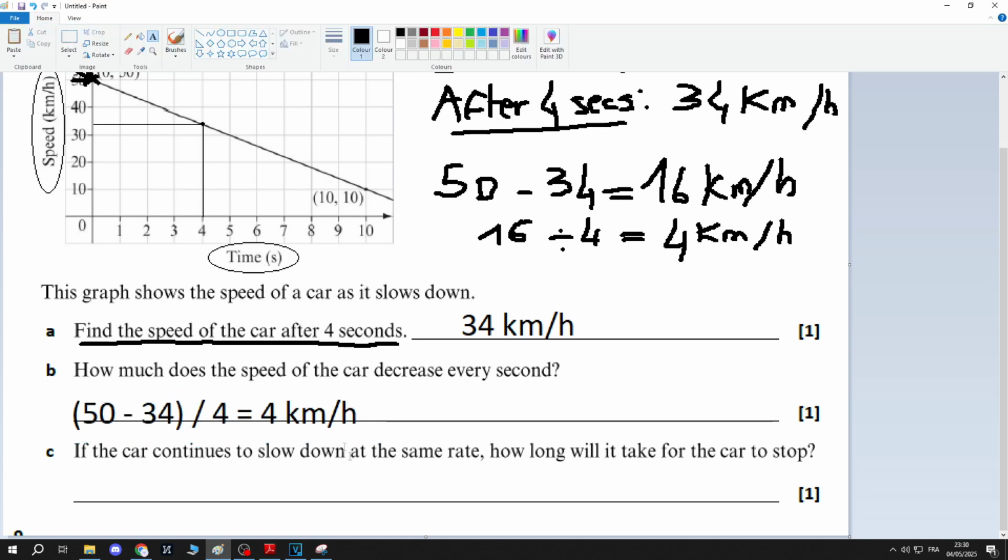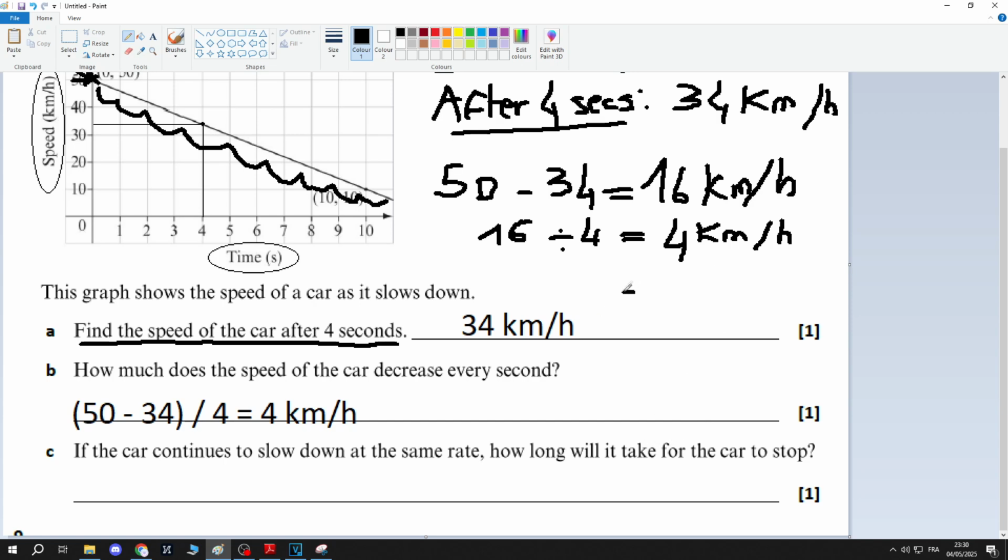Now, if the car slows down at the same rate, how long will it take for the car to stop? Aha. So the car will keep slowing down at the same rate. As you can see, it's slowing down at the same rate, and when we say same rate, it's because it's a straight line. How long will it take to completely stop?